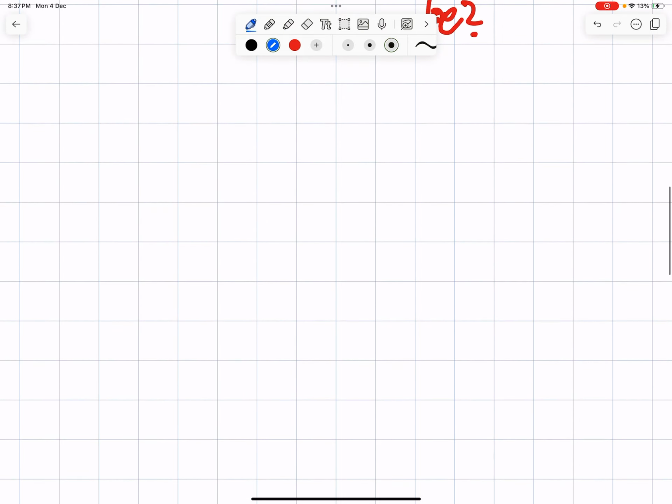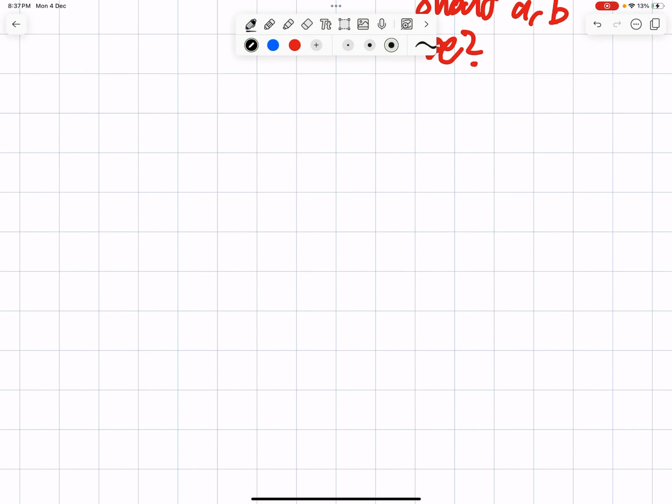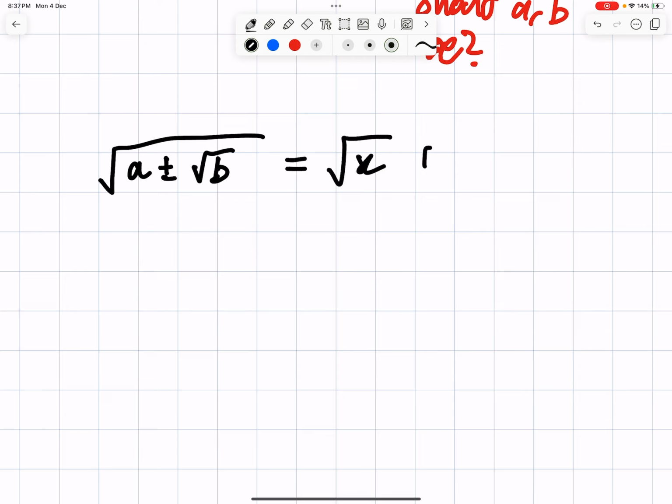So now, continuing on, suppose we have the surd square root of a plus minus square root b. And now let's try to write this as square root x plus minus square root y.